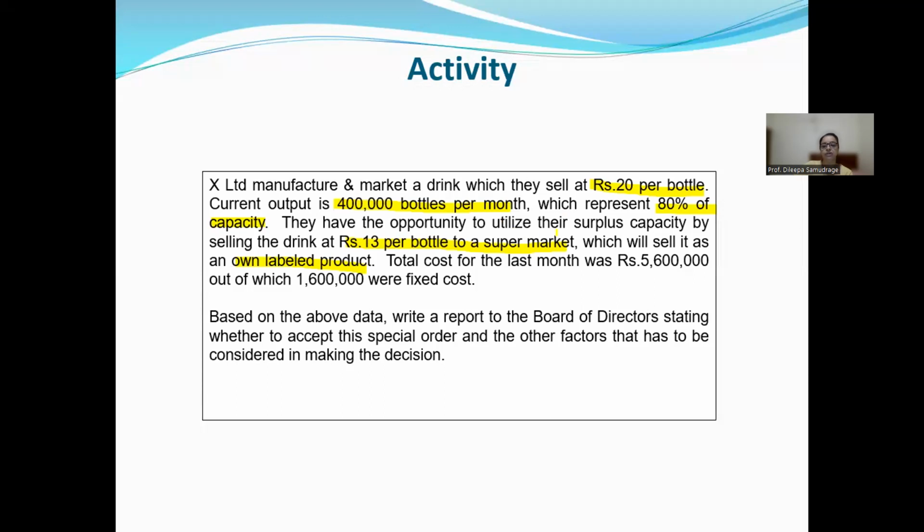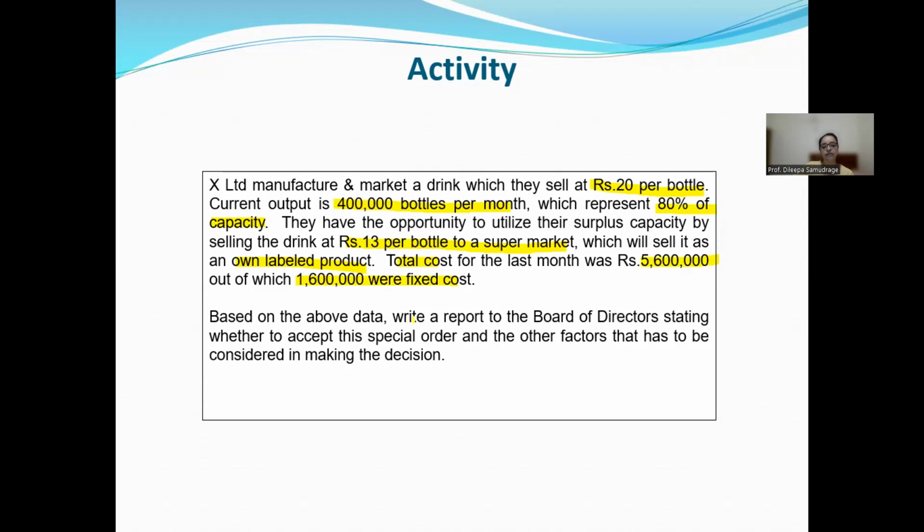Even though it's our product, they use their name when they sell it. The total cost for last month was 5.6 million, out of which 1.6 million were fixed. So the variable cost is 4 million.